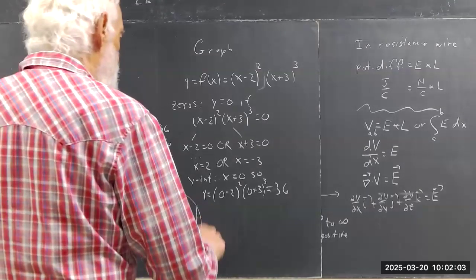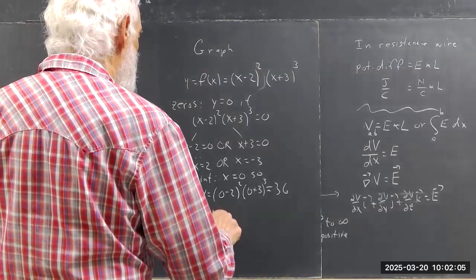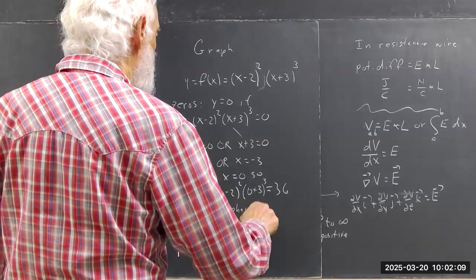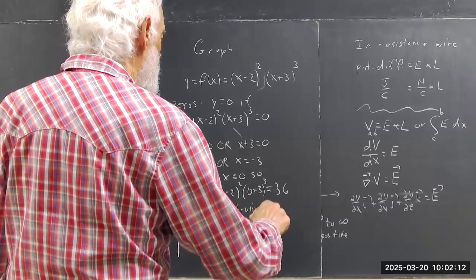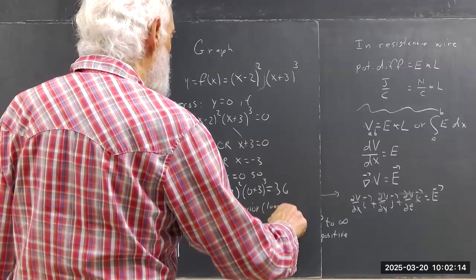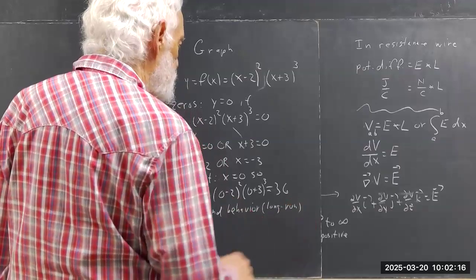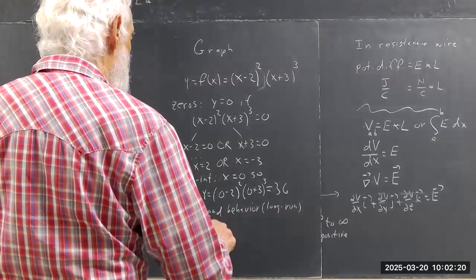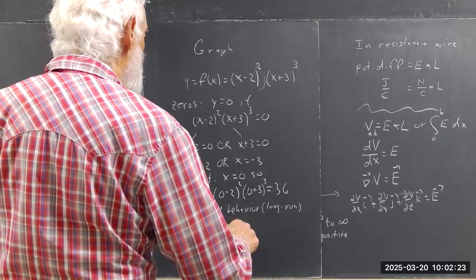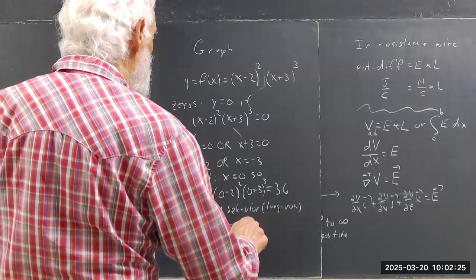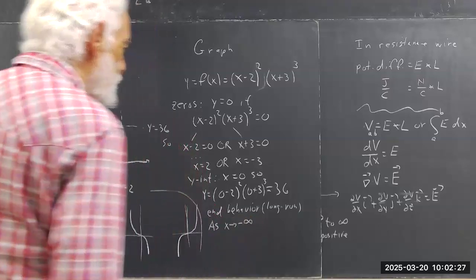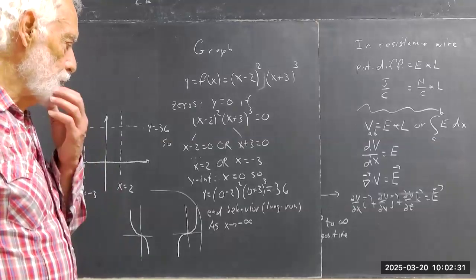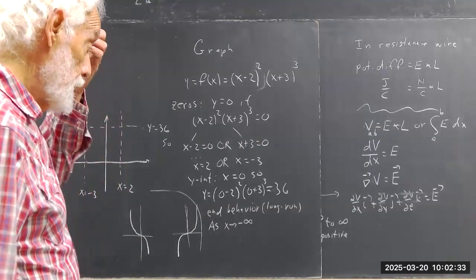Okay, now end behavior. Sometimes referred to as long run behavior. I'm just going to do as x goes to negative infinity, and then I'll just talk about what happens when x goes to infinity.